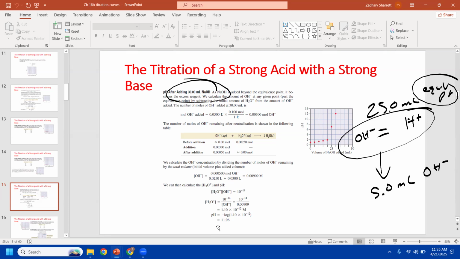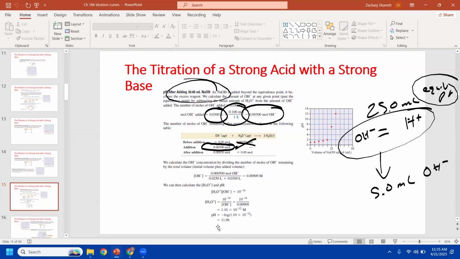We now can calculate, okay, so when we added 30 mils times 0.1 molar, that means we had 0.003 moles of OH minus. Everyone comfortable with that? So we add 0.0030 moles of OH minus. That's going to get rid of all of this.